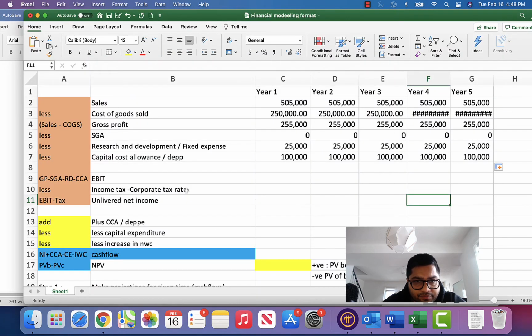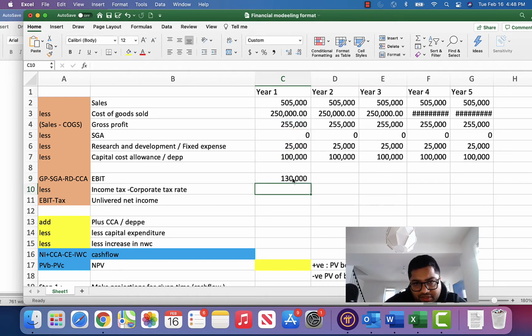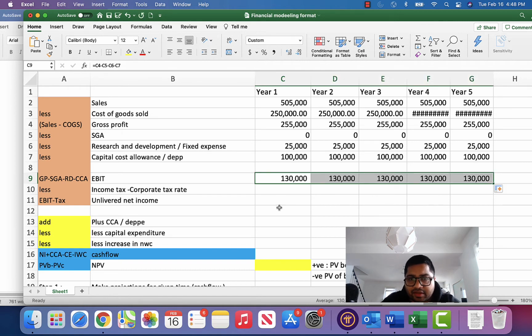So EBIT we can calculate. It is gross profit minus SG&A minus fixed cost minus depreciation. This is the profit you get every year.